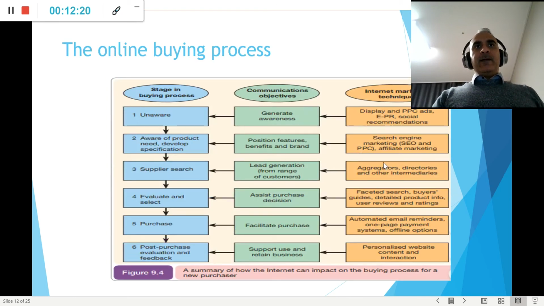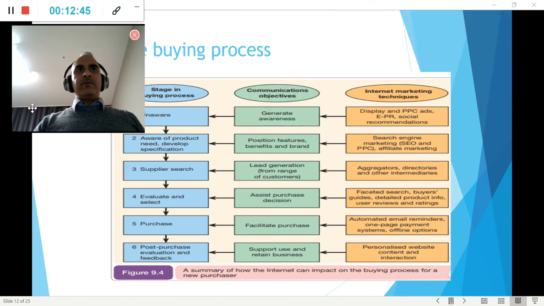So the online buying process is pretty much the stages from being unaware, I've never heard of it, to purchase and post evaluation. So we have communication objectives. There are different strategies, and let me pass myself to this slide.